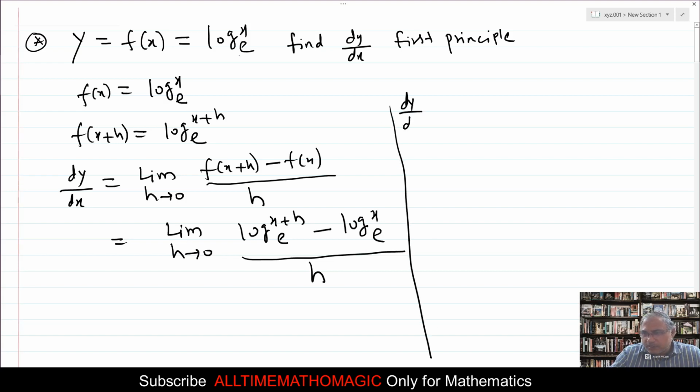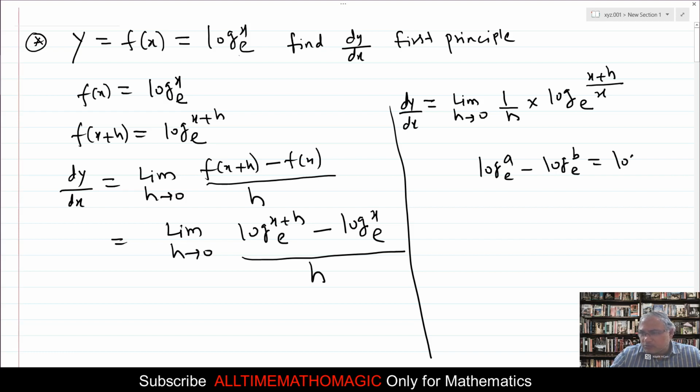So dy by dx equals limit h tending to 0, 1 upon h into log x plus h upon x to the base e. We know that log a to the base e minus log b to the base e equals log of a upon b to the base e. Therefore, by using this formula, we got that step.